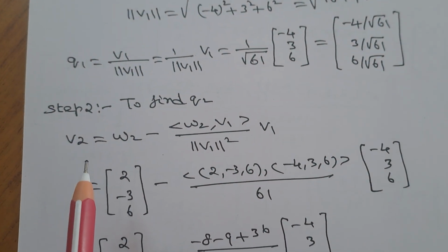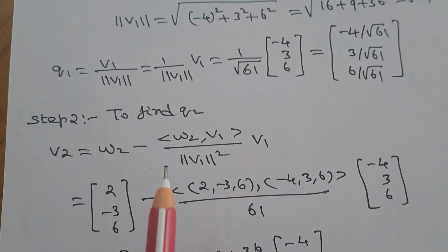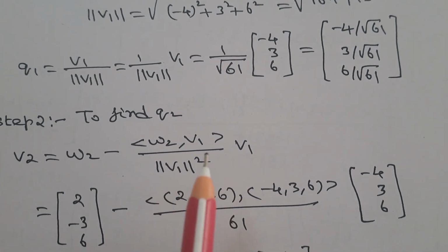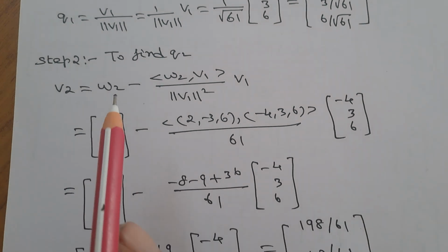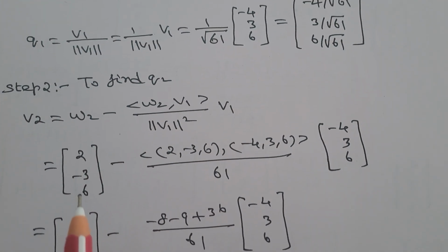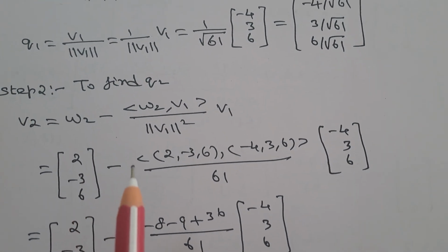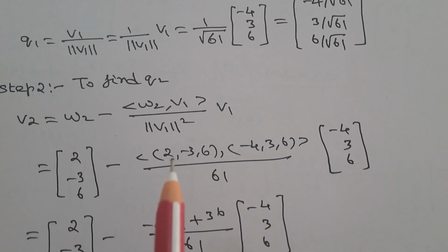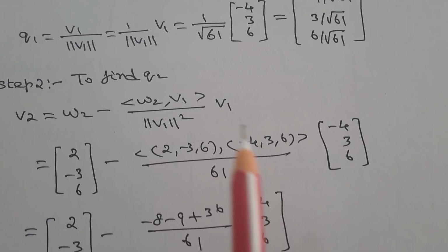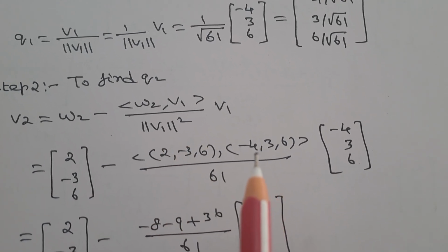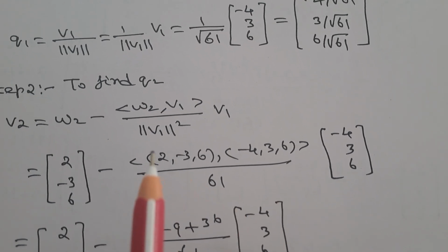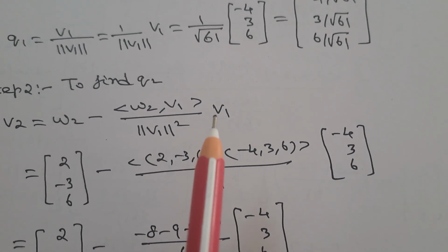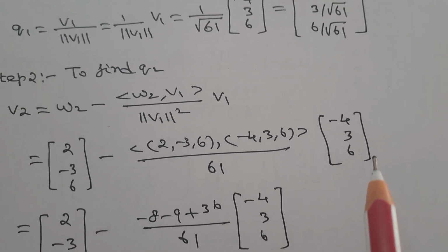You know the formula: V2 equals W2 minus the inner product of W2 and V1 by the norm of V1 squared, into V1. W2 is the second column (2, -3, 6), minus the inner product of W2 and V1 (-4, 3, 6), divided by the norm of V1 squared, which is 61, into V1 (-4, 3, 6).